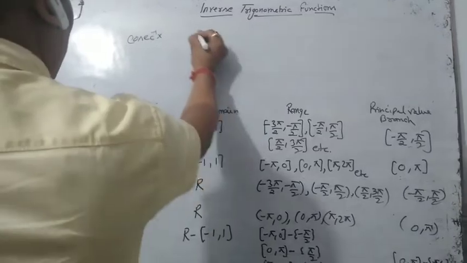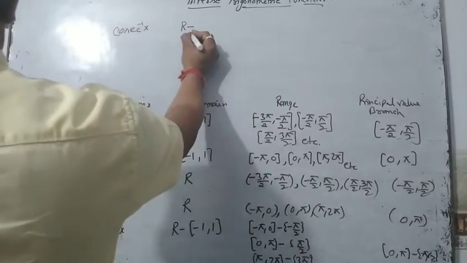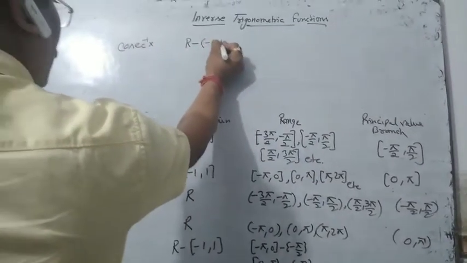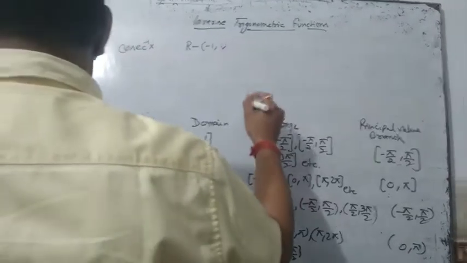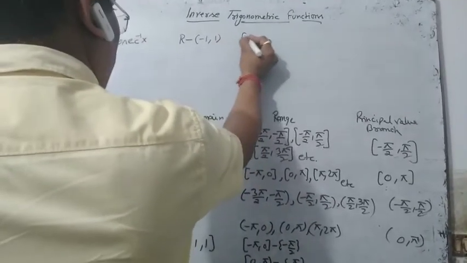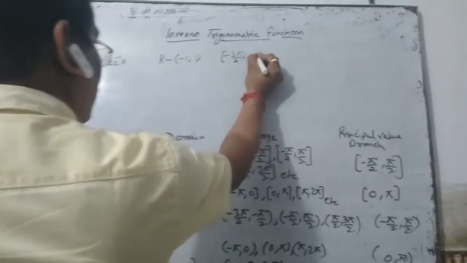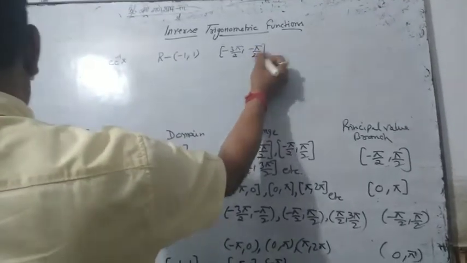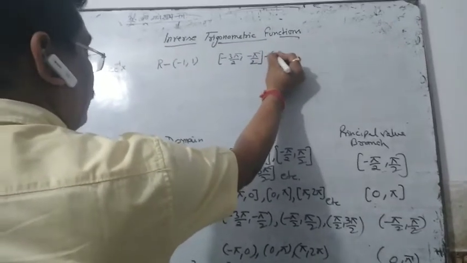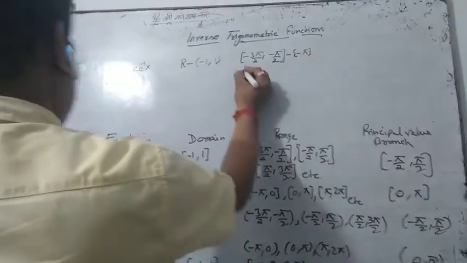Domain of this is all real numbers except minus 1 comma 1, and range is minus 3 pi by 2 comma minus pi by 2, minus pi, except this.